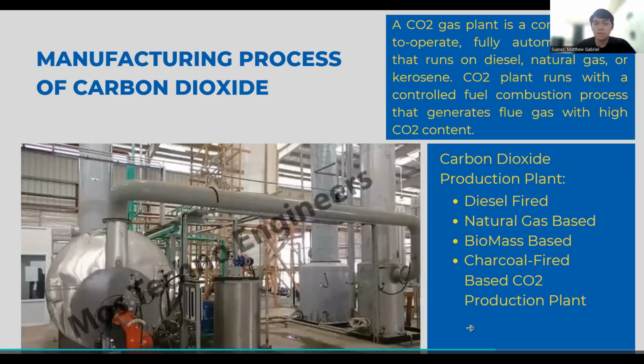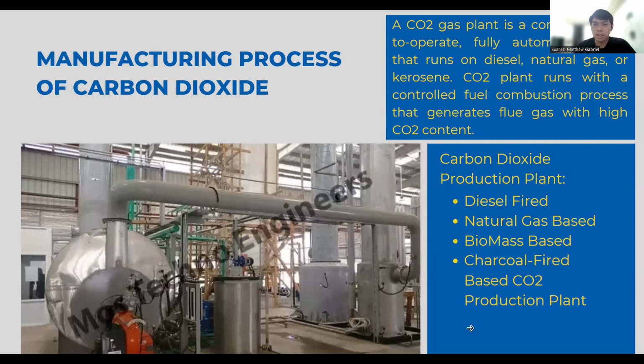For the third manufacturing process of industrial gases, we have carbon dioxide. They offer a range of carbon dioxide production plants that are designed to be compact, user-friendly, and fully automated. These plants can be operated using different fuel sources such as diesel, natural gas, or kerosene.